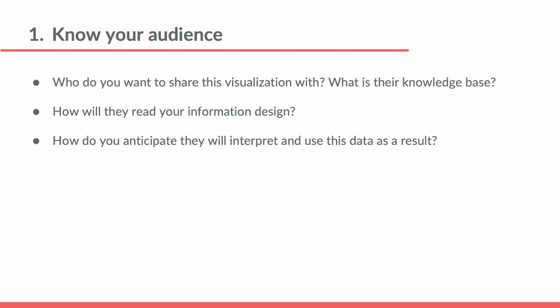And how will they read your information design? Is it someone that hasn't been to your library before, hasn't used this data source before? We have a lot of acronyms in the library world. Are those acronyms readable? Those sorts of things are really important to think about. And how do you anticipate they will interpret and use this data as a result? What is the purpose of sharing this data?